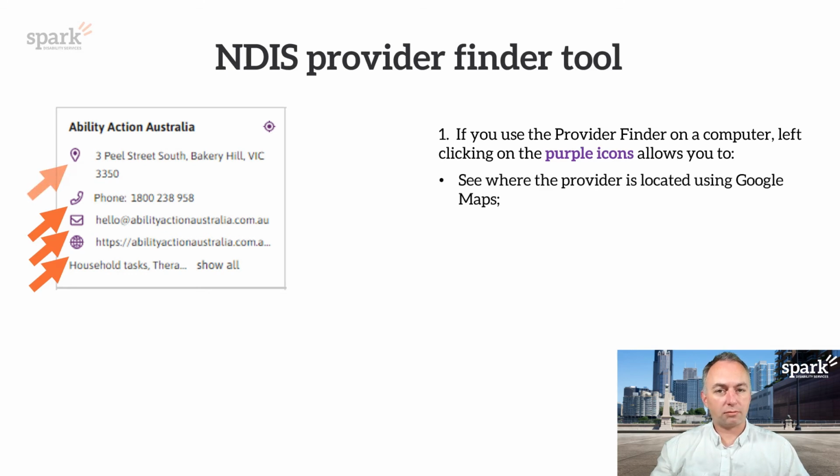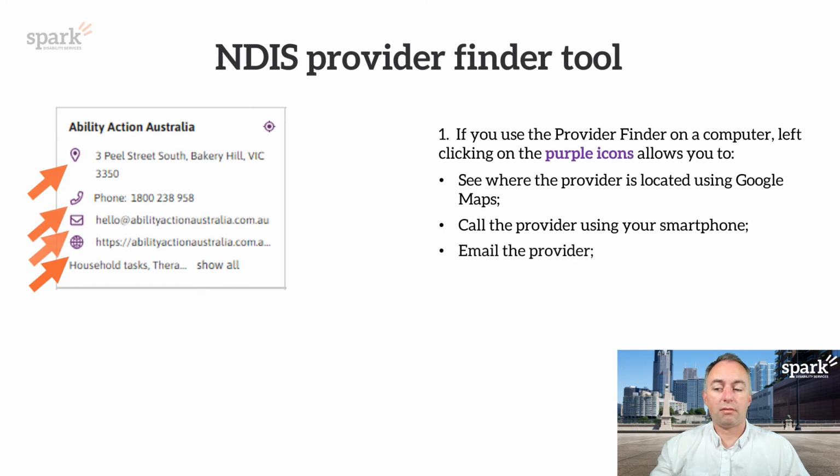For example, find where the provider's office is in Google Maps, allow you to call the provider directly from your smartphone, email the provider, or go to the provider's website.